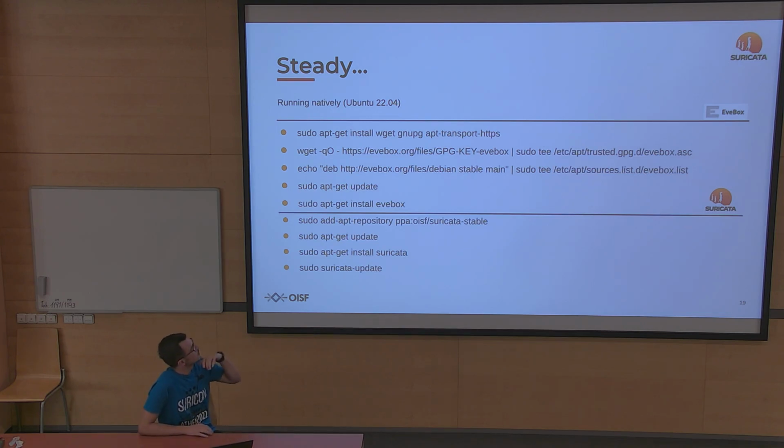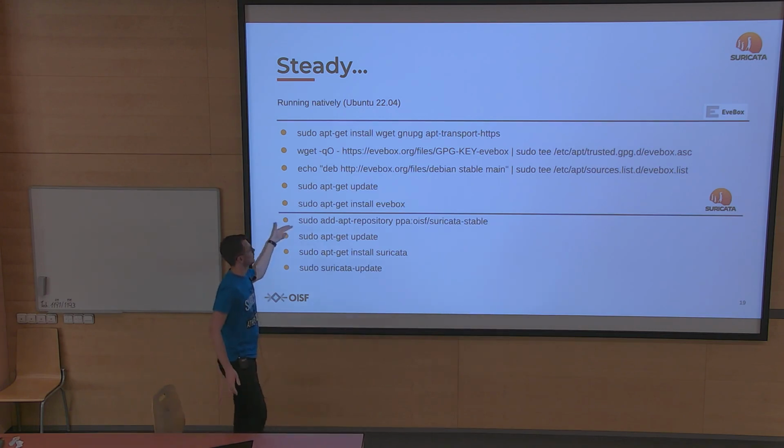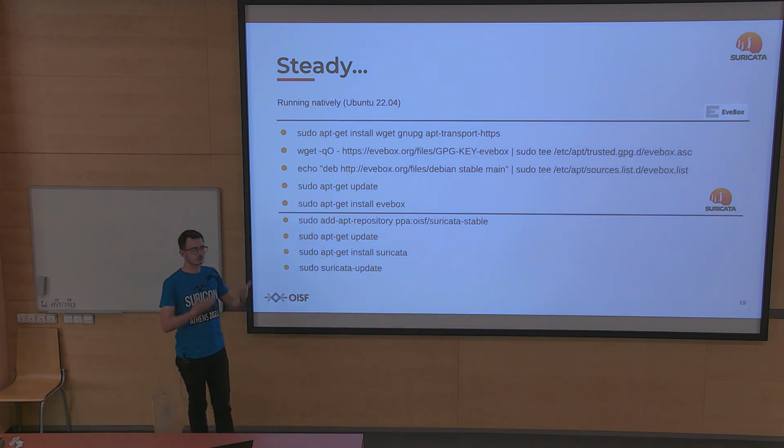This slide just illustrates what you need to do to install it, just a few simple commands. The first 5 commands are for installing EveBox, which is the lightweight graphical interface. The second part is for Suricata. We generally recommend you add our repository, even though Suricata is in the Ubuntu default PPAs.